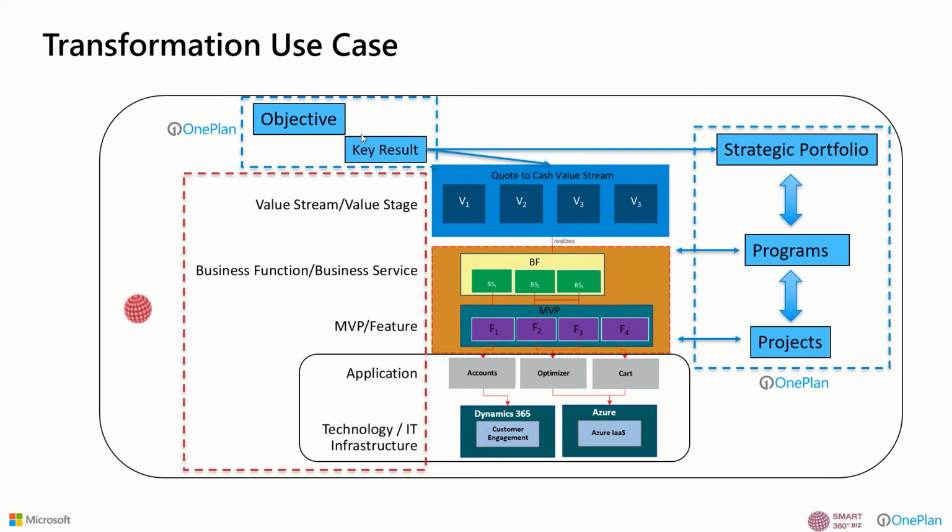And all of this has to tie back to our objectives and key results. So what we're trying to do is do a better job of establishing the relationship of impact that we're having in order to make a better decision on which investments to make, because we have a better idea of what we're impacting from value stream or capabilities. So that's essentially the benefit of including business architecture within your strategic portfolio.